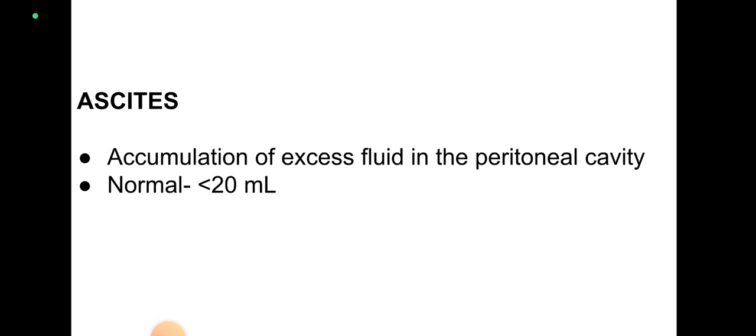Next topic is ascites. Ascites is the accumulation of excess fluid in the peritoneal cavity. Normal fluid volume in peritoneal cavity is less than 20 ml.